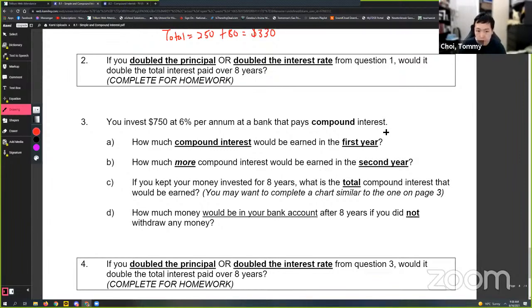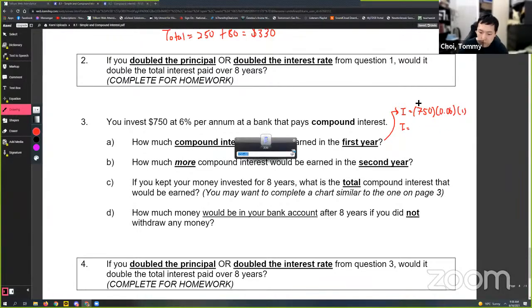For the first year, we're still using our simple interest formula to calculate for year 1. So it would be 750 times 6% times 1, which gives us $45 within our first year.